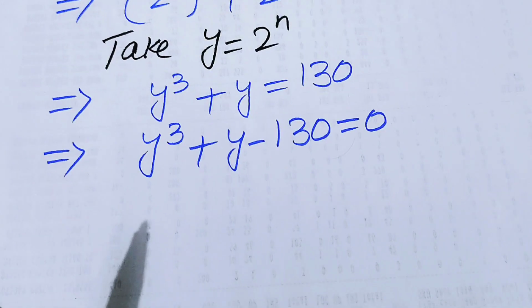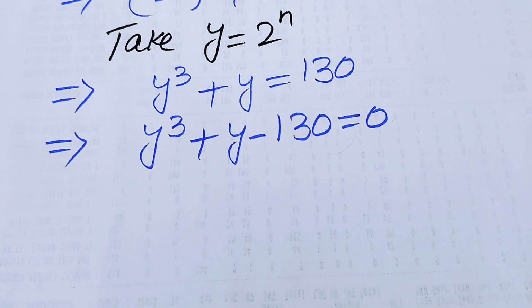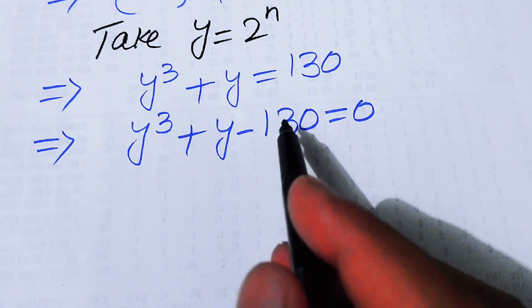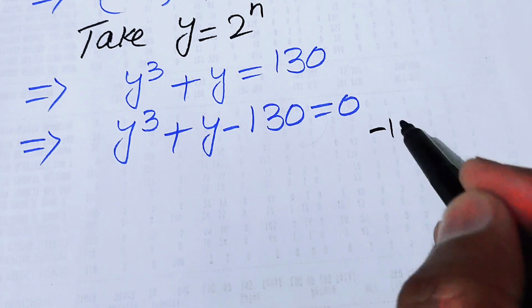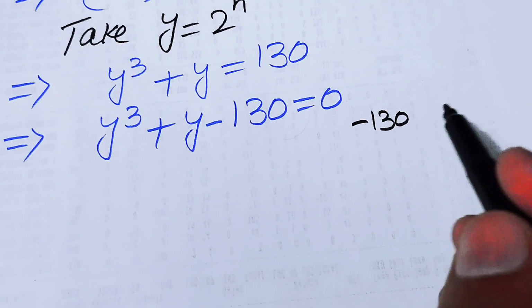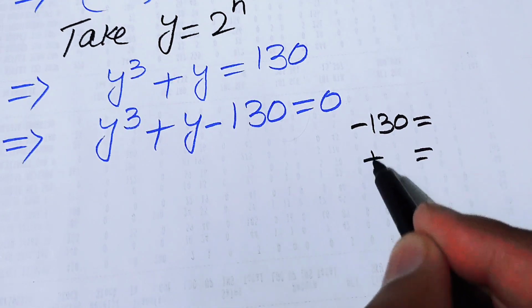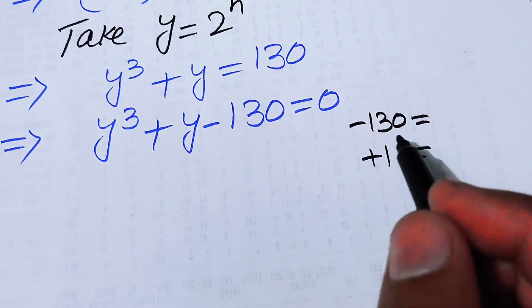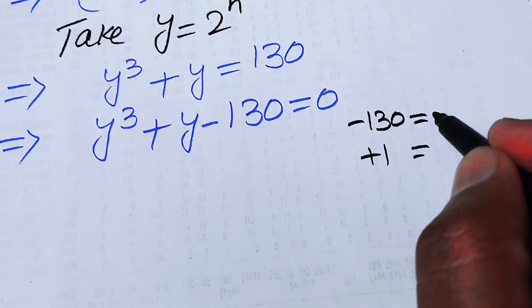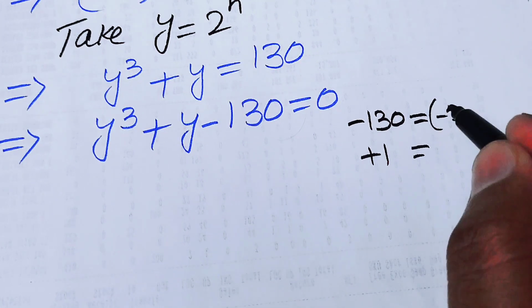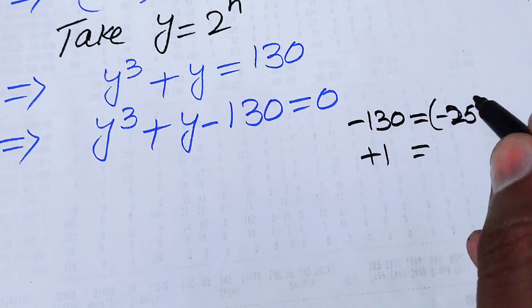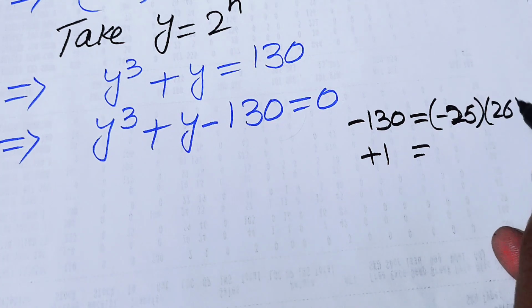After that we will make the factors of this cubic equation, and we see that here we need any two numbers whose product is minus 130, and the sum of these two numbers is plus 1, so these two numbers are minus 25 and plus 26.